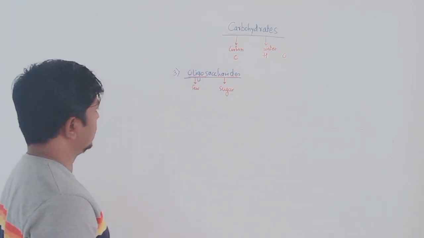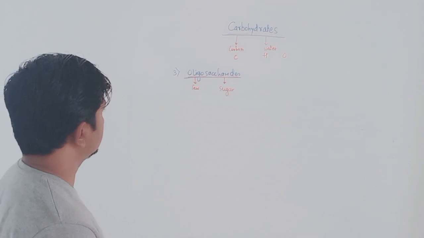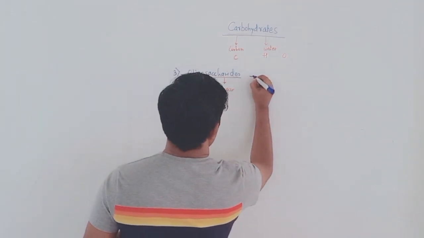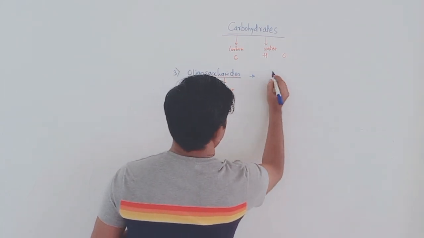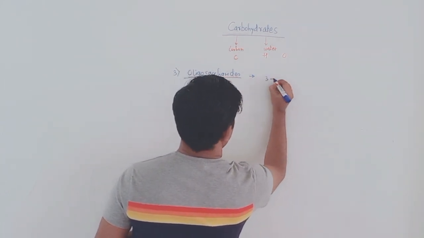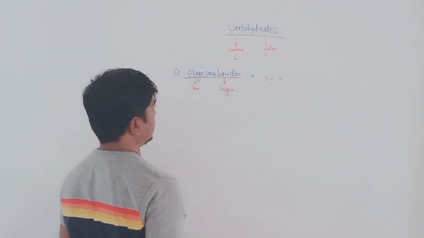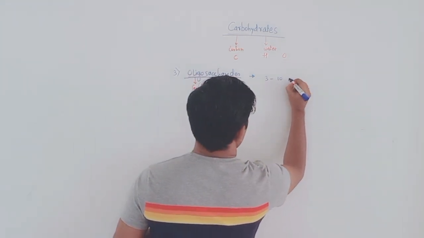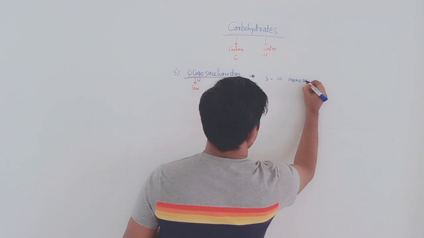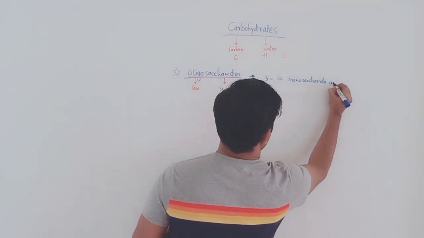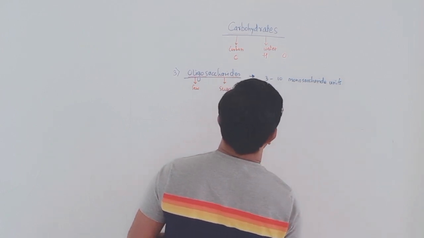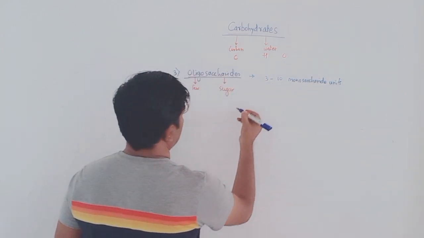So these are the carbohydrates which contain few sugar units. How few? That is 3 to 10 monosaccharide units.